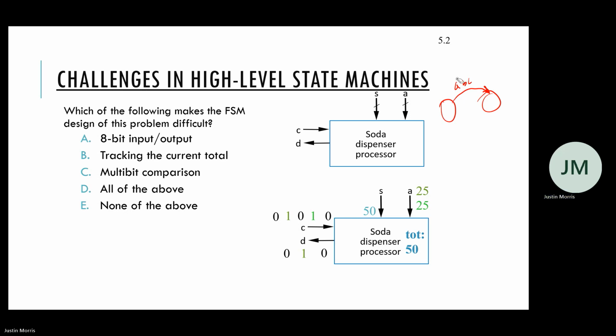Okay. And then if I have multiple 8-bit inputs, like here I have S and A, that's not going to look very pretty, right? It's going to be very hard to understand very quickly. So the high level state machine makes this easier. What about tracking the current total?